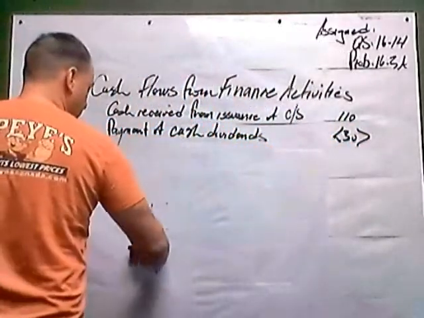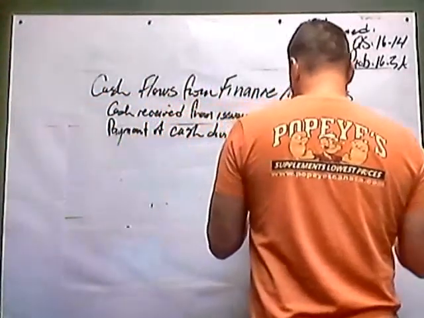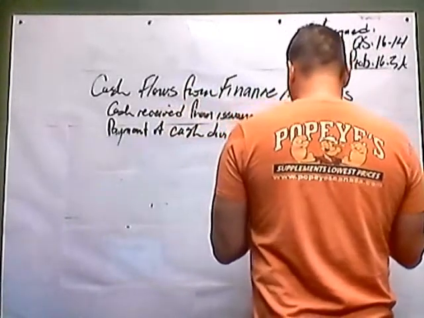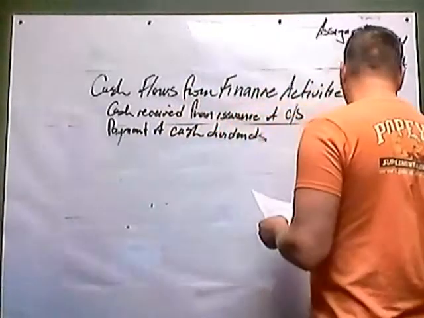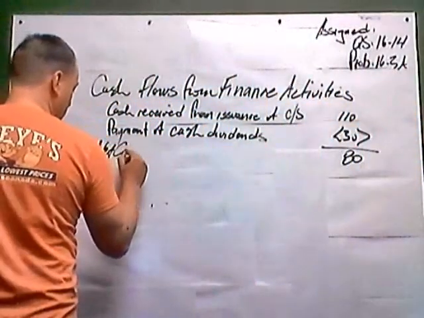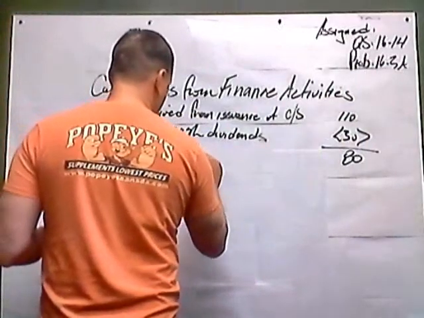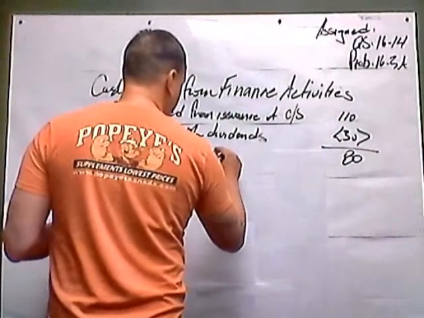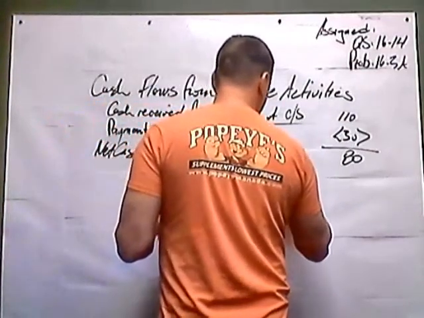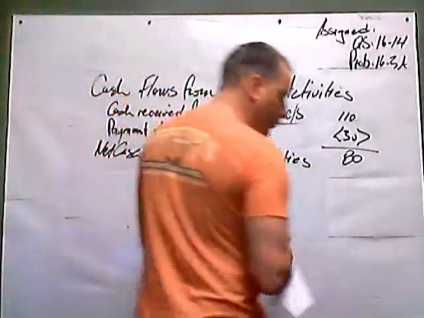From there, we have a net cash inflow for financing activities of $80. All right, so this number is important.